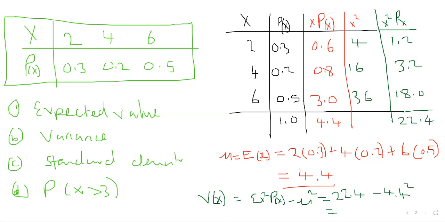Okay, 3.04. So that is what we call our variance. So 3.04.